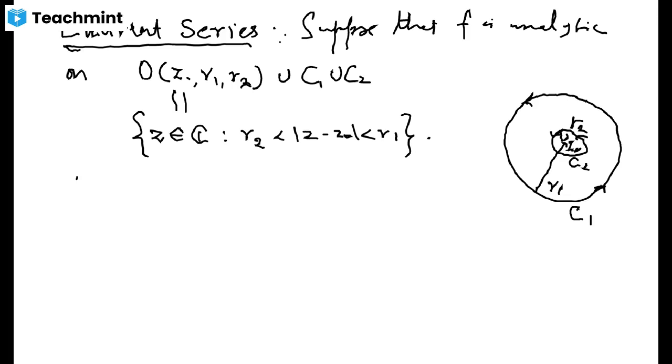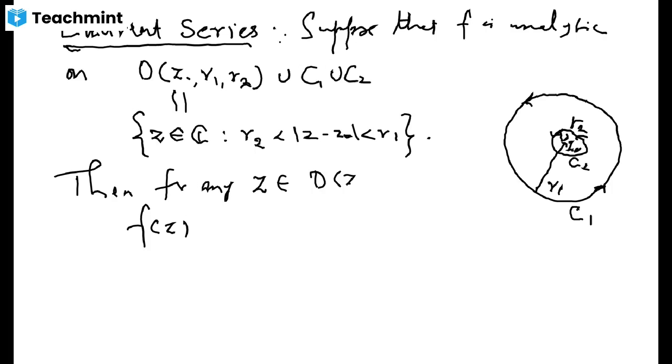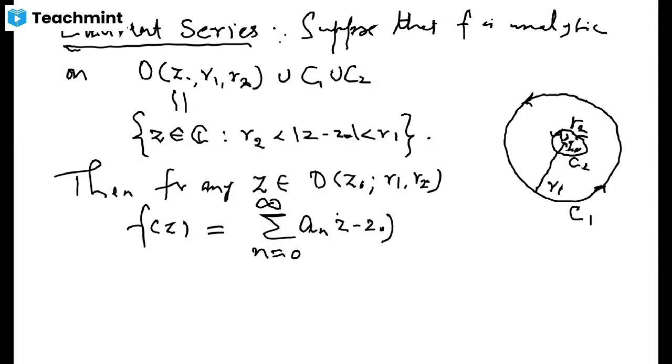Then F has an expansion of this form. For any Z inside this annulus, between R1 and R2, you have F given by this expansion, the summation from n equals 0 to infinity of a n times z minus z naught to the power n.